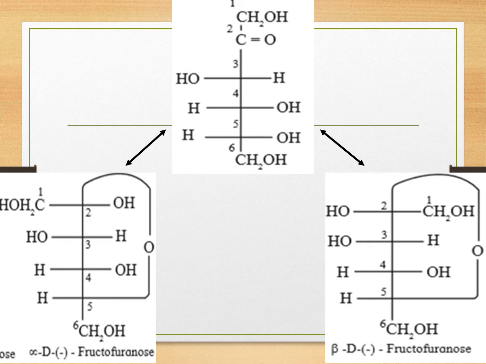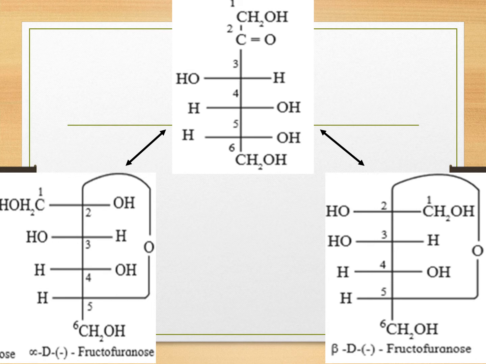The negative oxygen of C2 combines with the positive hydrogen of C5 and forms a hydroxyl group. The hydroxyl group in alpha is on the right hand side, and the oxygen of C5 forms the ring.